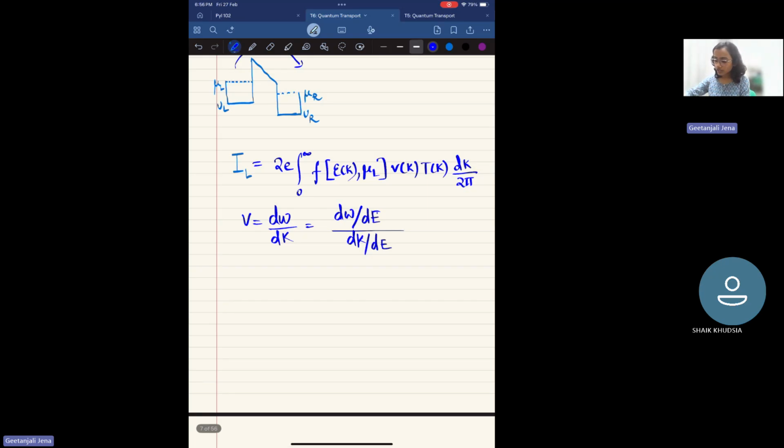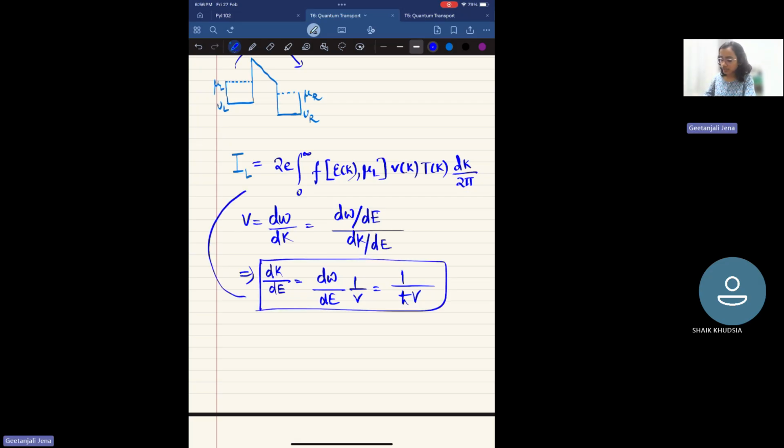So we want to calculate dk by dE. That means dk by dE is 1 by v times d omega by dE, and d omega by dE is 1 by h cut, right? So dk by dE is 1 by h cut v. So this is the relation, and we can put it here.